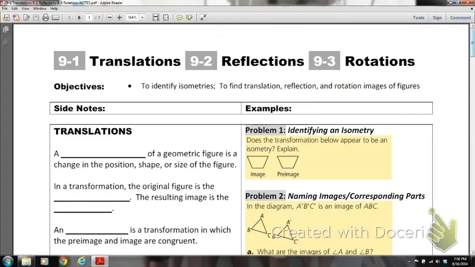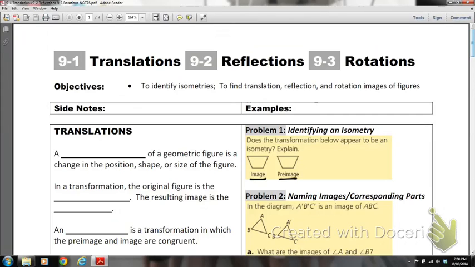Let's look at the problems on the right side of your page. Problem 1 is identifying an isometry. The question is, does the transformation below appear to be an isometry, and explain. So let's think again about what an isometry is. It started as the preimage, and after it's transformed, it becomes the image.